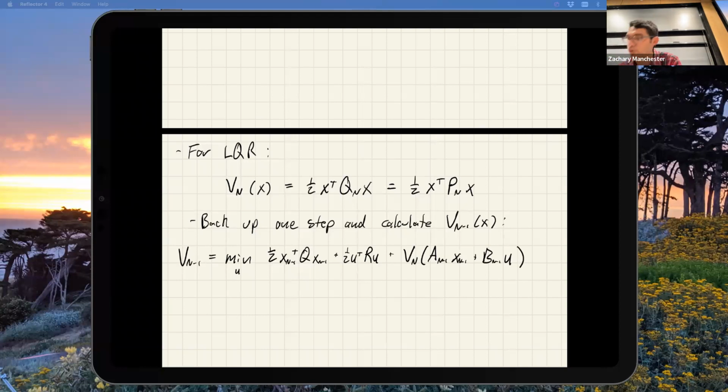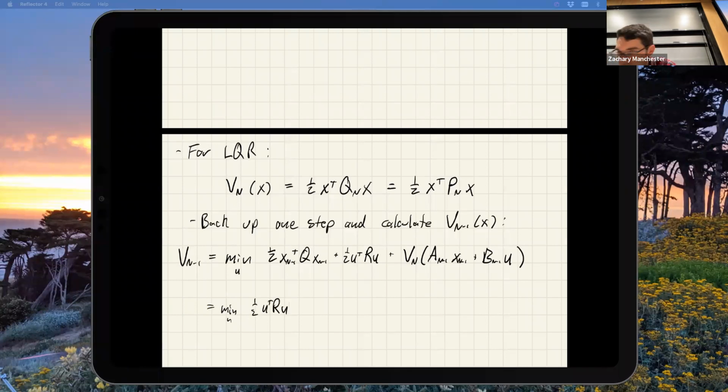So now I'm just going to crank through and compute this. I will plug in my definition of V_N. The first thing is I'm doing min over u, so the x_{N-1} term in front drops out. It doesn't affect the min, so I can drop that term, and I get just this.